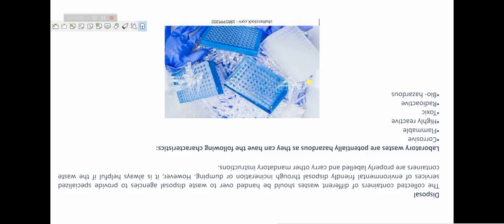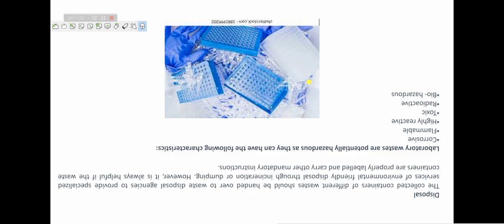The disposal agencies will provide different types of containers, and then we will put our waste in them. However, it is always helpful if the waste containers are properly labeled and carry other mandatory instructions.